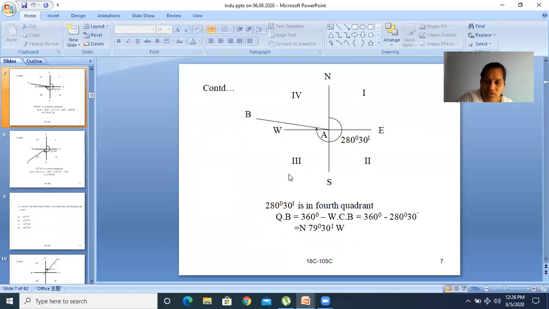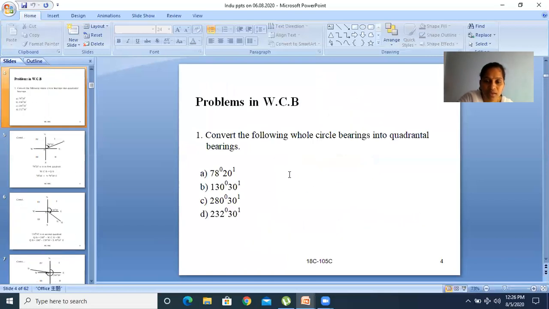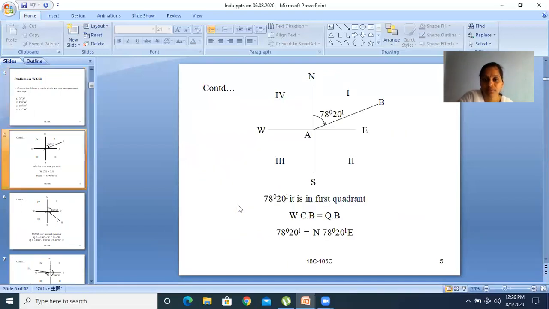And the fourth question is 232 degrees 30 minutes. This lies in the third quadrant, since third quadrant values are 180 to 270. The quadrants are south, west, and the rule is WCB minus 180.